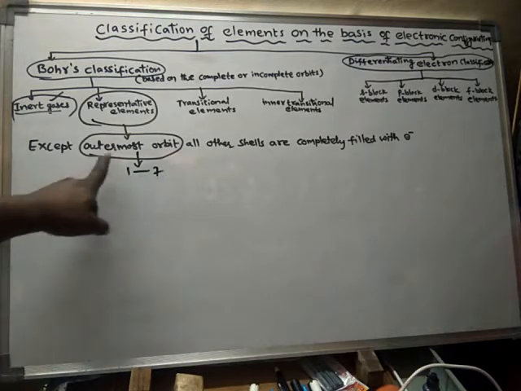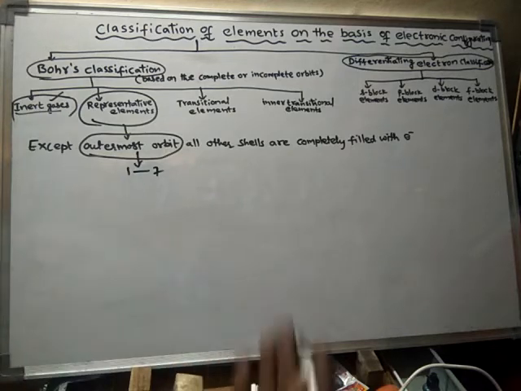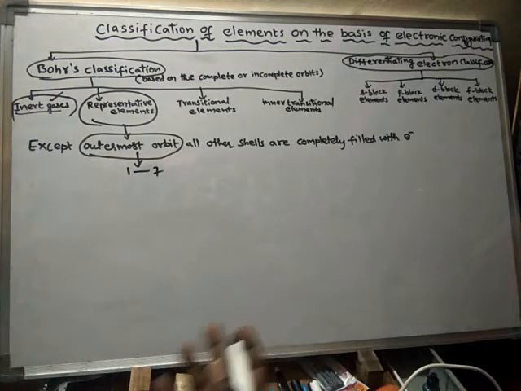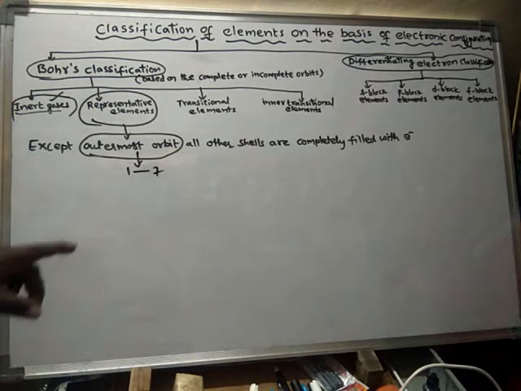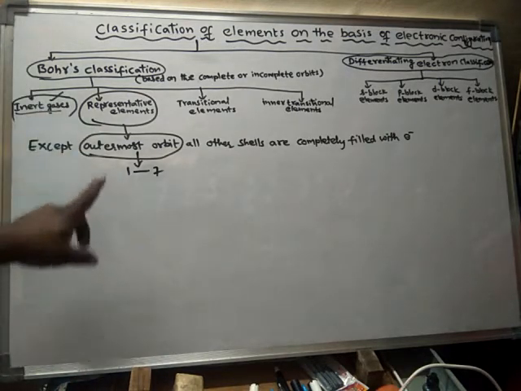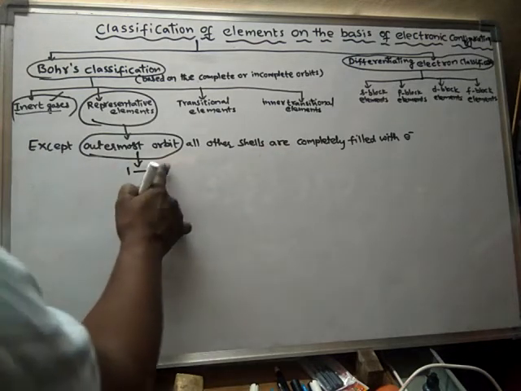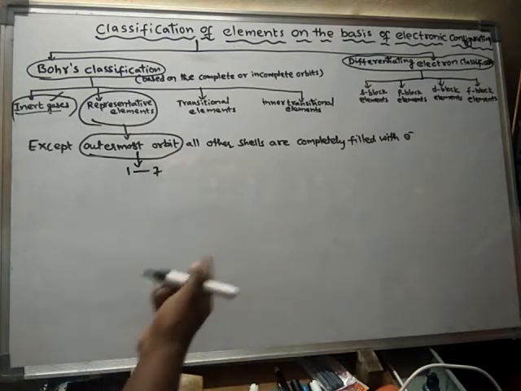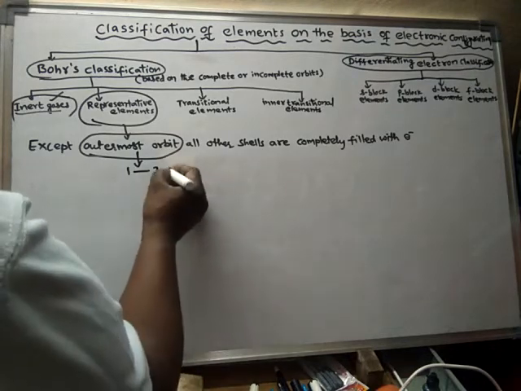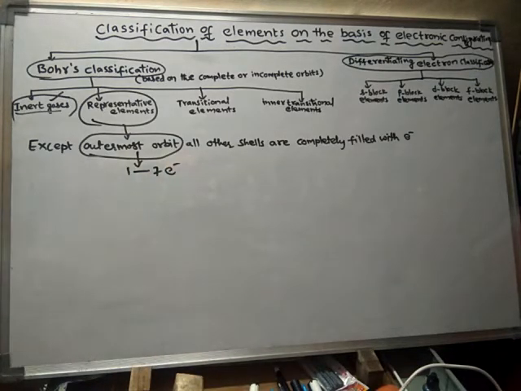If the outermost shell contains 8 electrons, then these elements are said to have the outermost shell filled. But here, in these representative elements, the outermost shell is not filled. That means they may contain 1 electron or 2 electrons or 3 electrons, or else up to 7 electrons. So the last outermost shell is said to be incompletely filled.